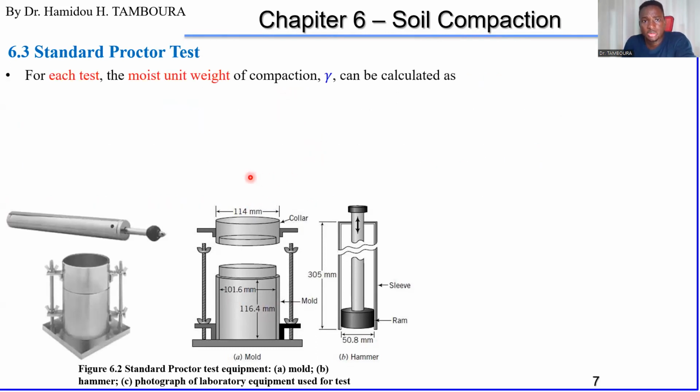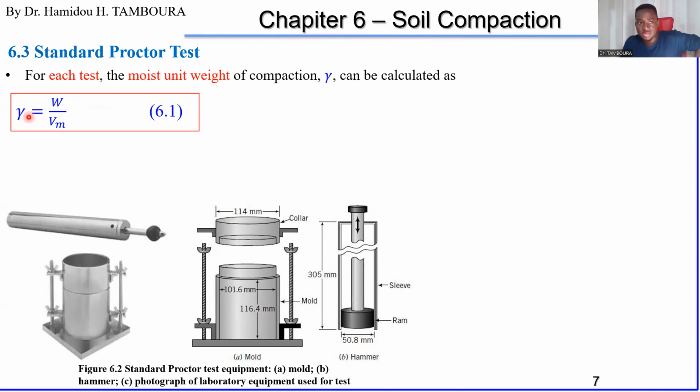Okay, so then you can calculate the unit weight for each test, because you will change the water content for each test and see how the density, the unit weight will change. Okay, so from this formula, it's easy to obtain the unit weight.